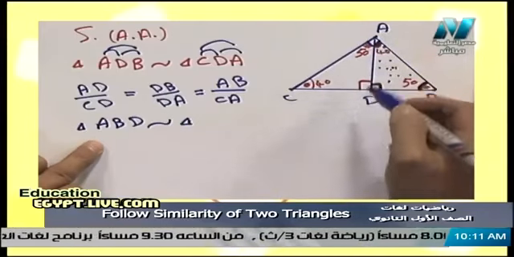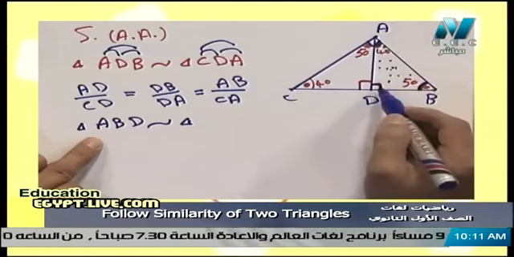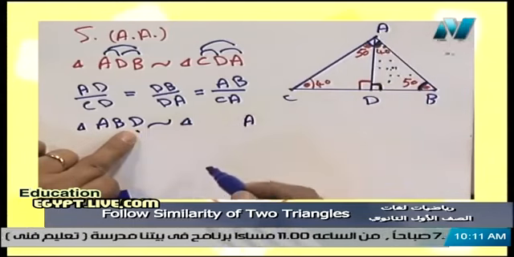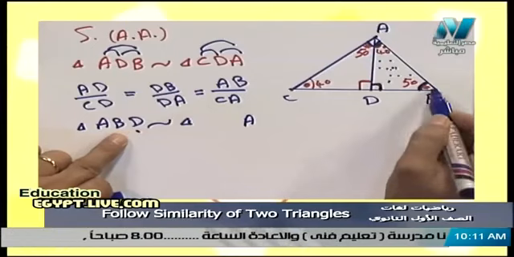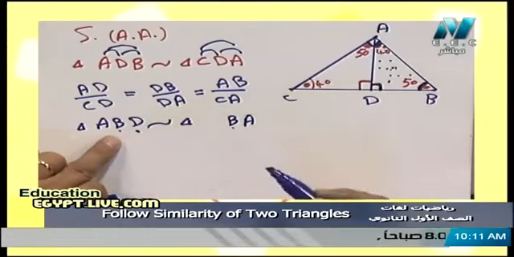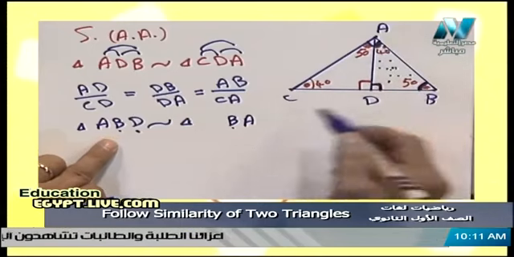Measure angle DAB is 40 and measure angle ADB is 90. So D corresponds to A in the big triangle. And we know that B is a common angle, so we put B corresponding to B. So the triangle here will be ABC.